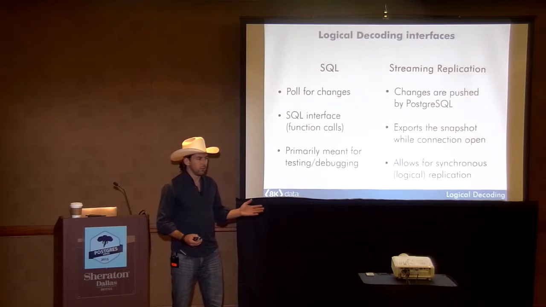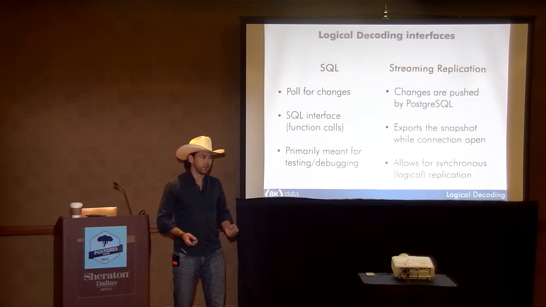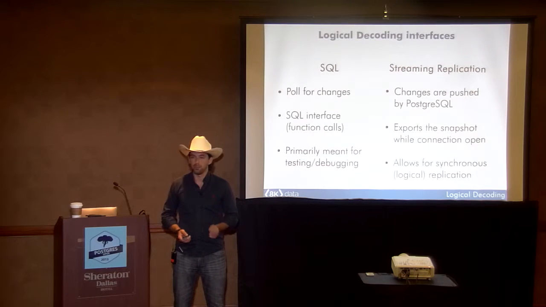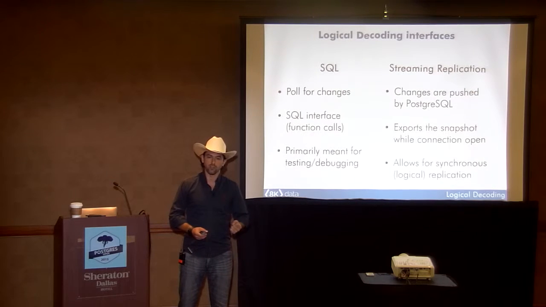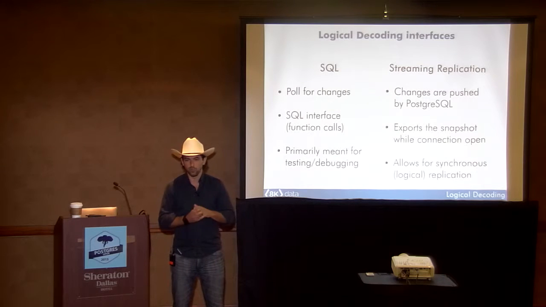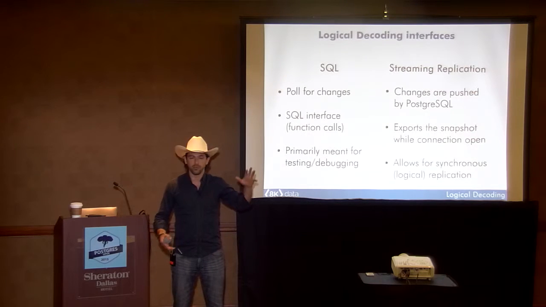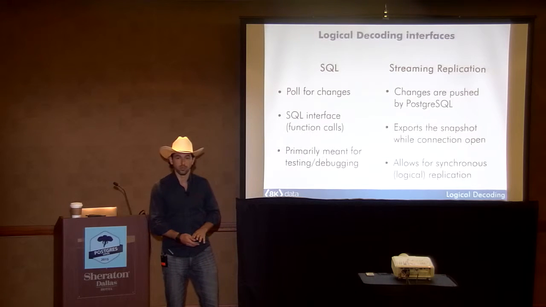It basically involves calling SQL functions, but it's more limited, first of all, because it's poll-based. You need to be calling the functions to see if there's any change to the database. And whenever you get the changes, you will get as many changes as were produced to the database since the last moment you called this getChanges function.